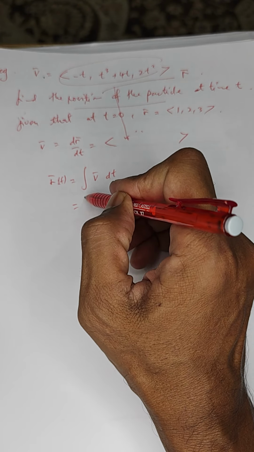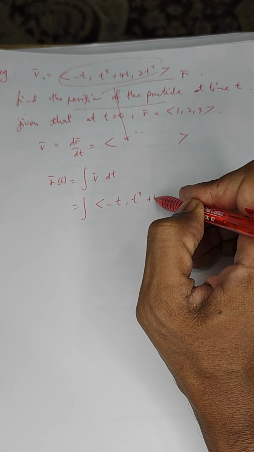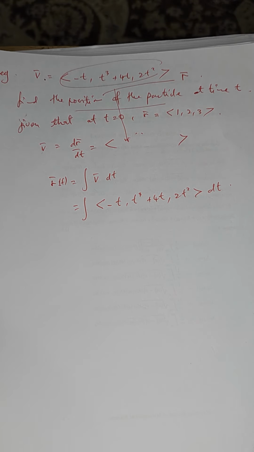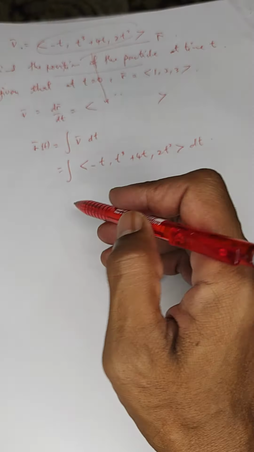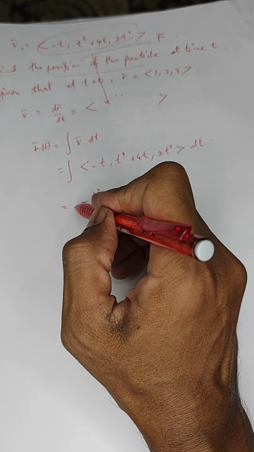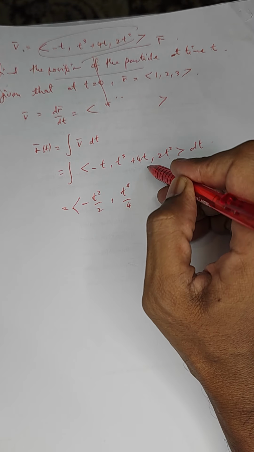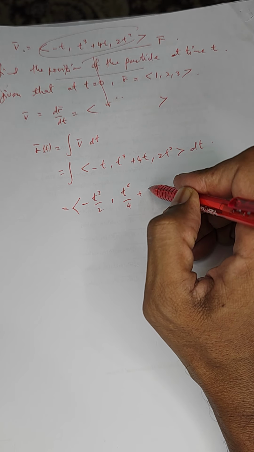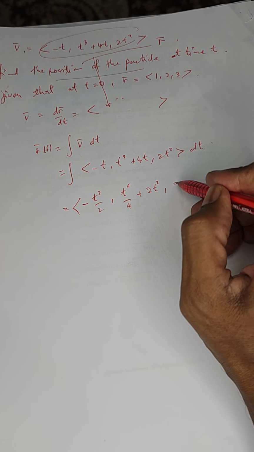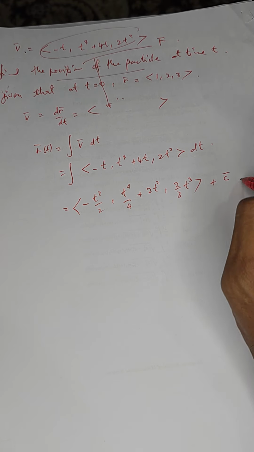So we integrate minus t cubed plus 4t, 2t squared dt. What we have is negative t to the fourth over 4, this is a vector, plus 2t squared, and 2 over 3 t cubed plus some constant vector c.